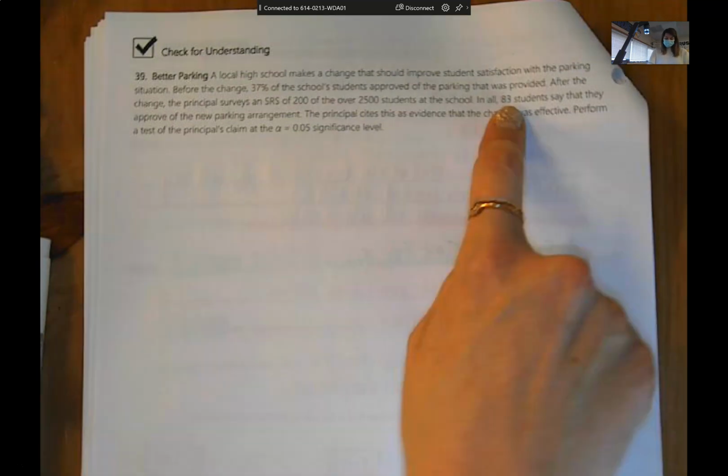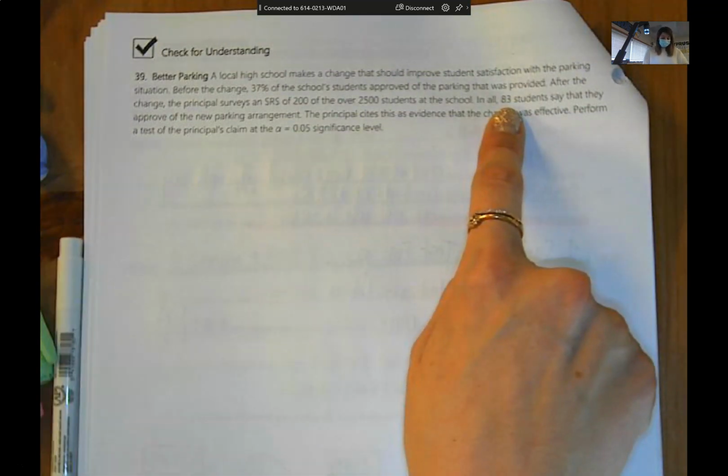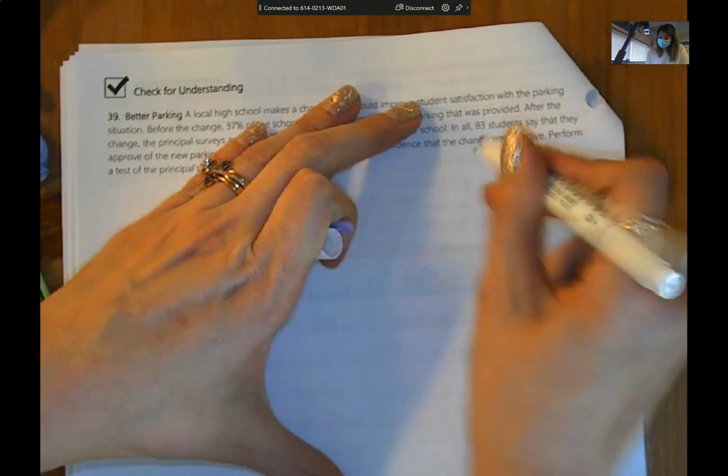This is a sample survey about whether students are satisfied with the parking at Cypress High School. So they make a change to the parking, and the principal wants to know if the change was effective. This sentence here where it says that the principal wants to know if the change was effective tells you what your alternative should be.